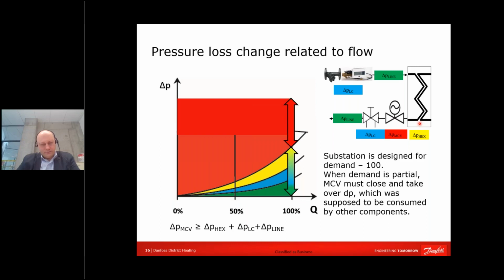So the idea is that the motorized control valve should have a resistance which is not smaller than the sum of all the others. So if we have 100 parts of pressure in the house inlet, the control valve should consume at least 50.